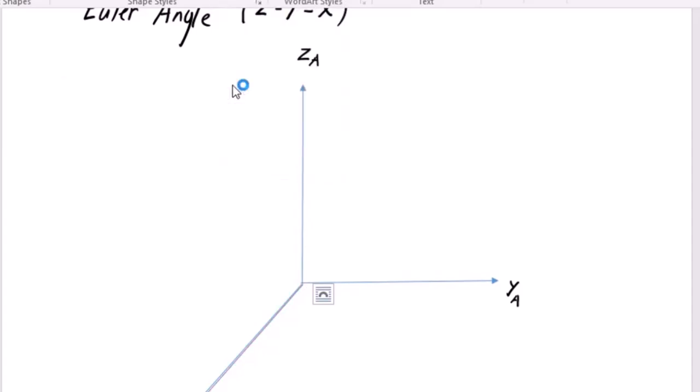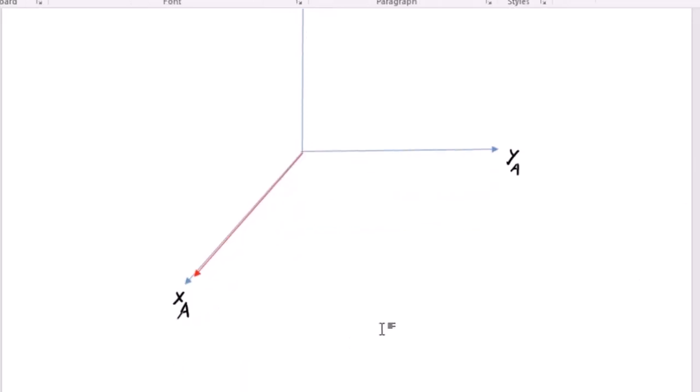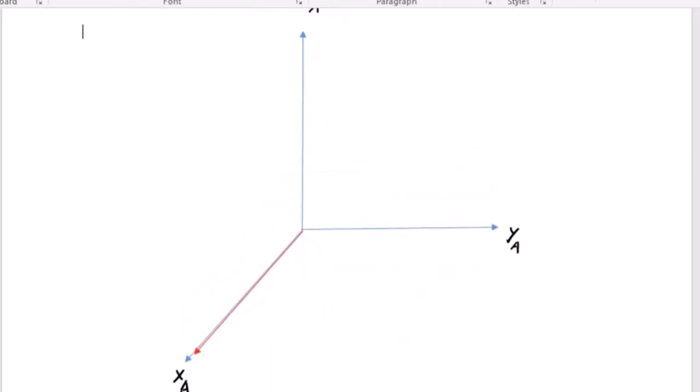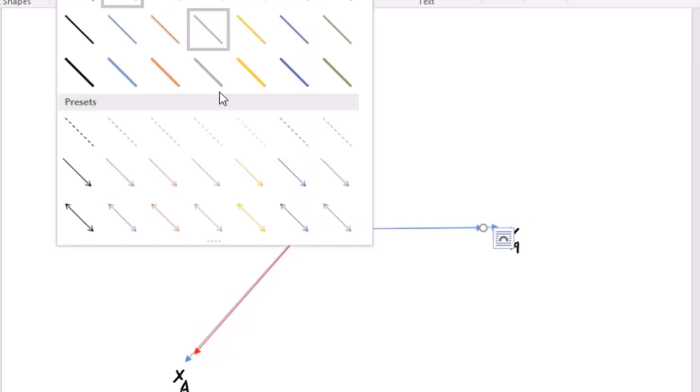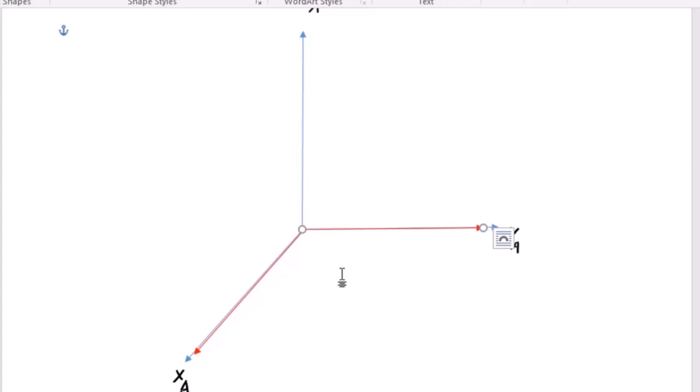This is red. That is the XB of the body attached frame, and this is the YB. I will make it shorter, but assuming the same axis, to avoid overlapping. There's no issue on that. This is the YB, and then we have the ZB.